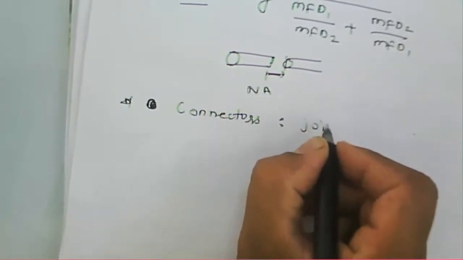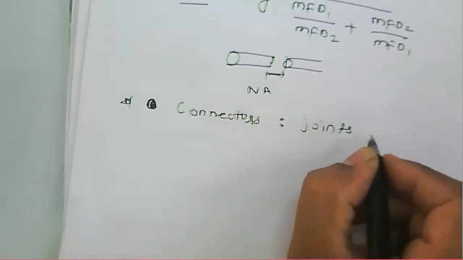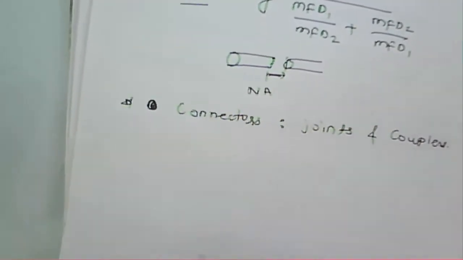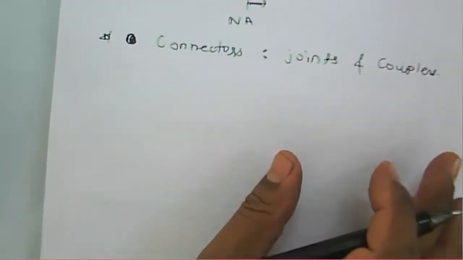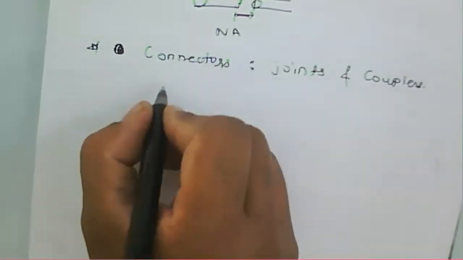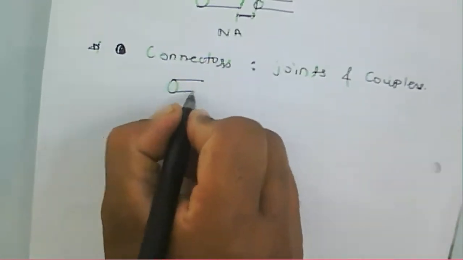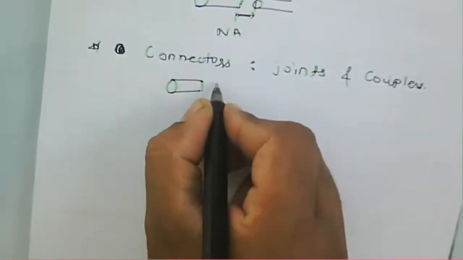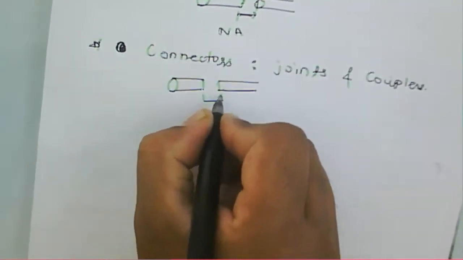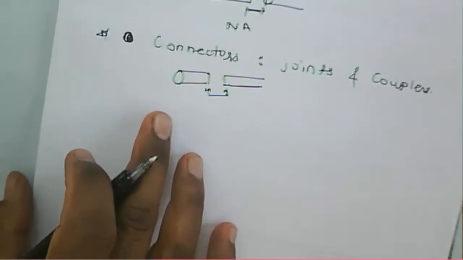We will learn here about a joint and a coupler. Connector means joints, and coupler means we are connecting the two fibers. This is about the connection of the two fibers taking place.